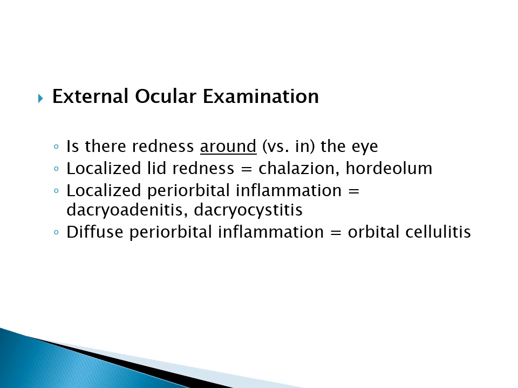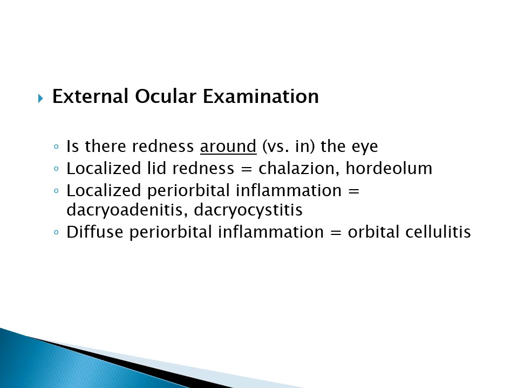Perilimbal or ciliary injection, it's the localized injection around the limbus and sometimes called the ciliary flush, and it signifies irritation of the anterior segment and the ciliary body. In cases, for example, keratitis, uveitis, acute angle closure.